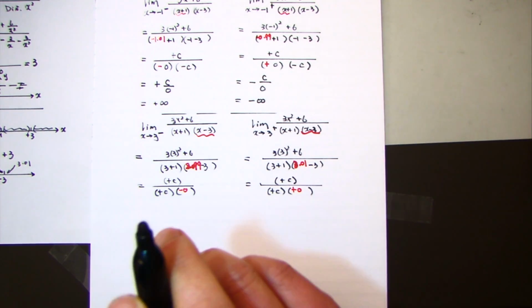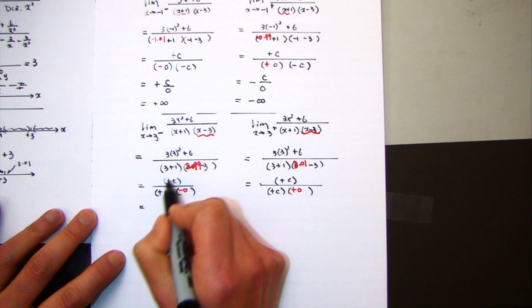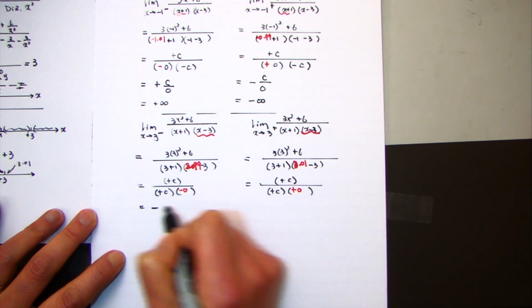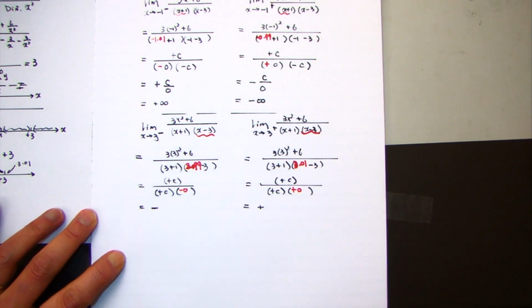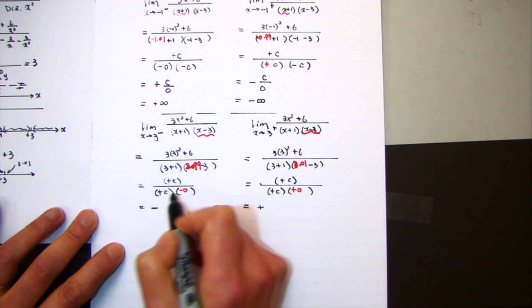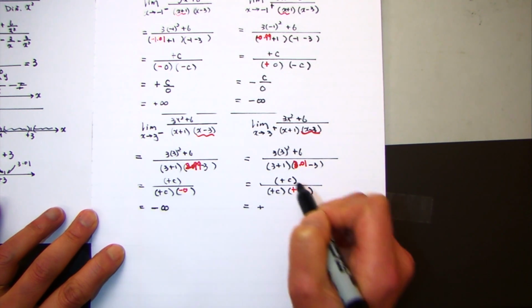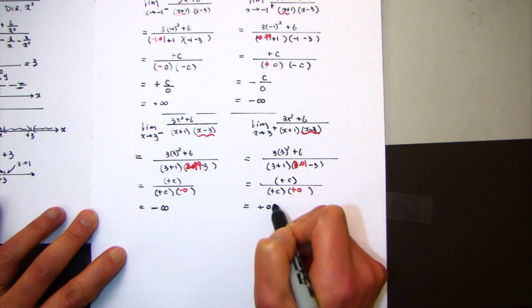Okay. All right, put all of this together. You have one negative sign, and you have positive. Constant divided by tiny number, infinity.